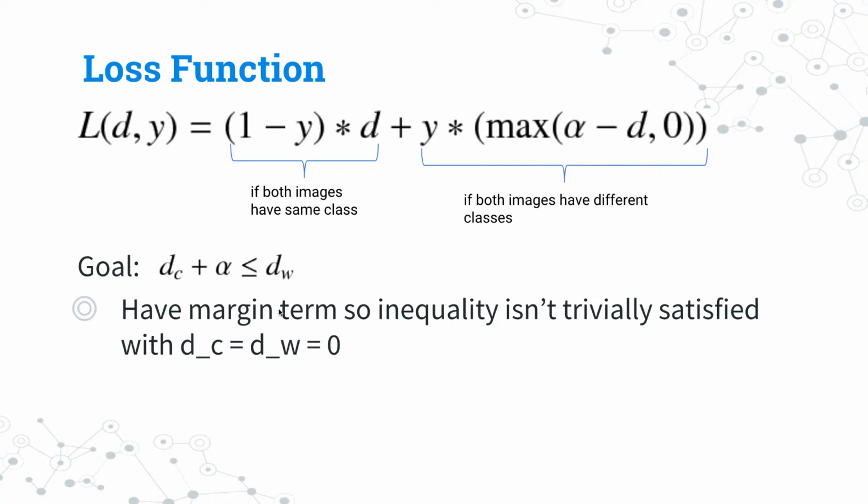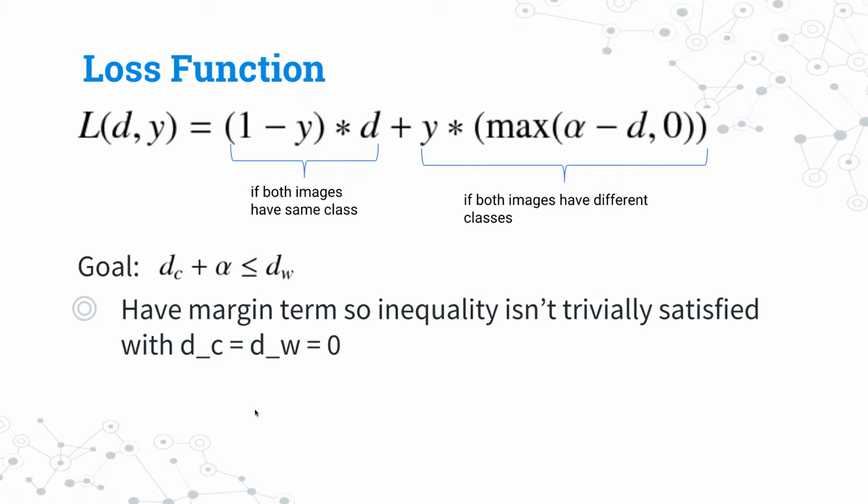But if we have just that simple inequality, DC is less than or equal to DW, then when you set them both equal to 0, the inequality is trivially satisfied because 0 is always less than or equal to 0, right? And we don't want the network to just set the output to 0 whatever the input is, so that this inequality is always satisfied.